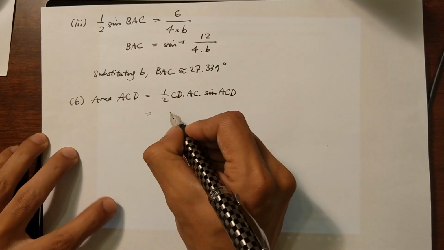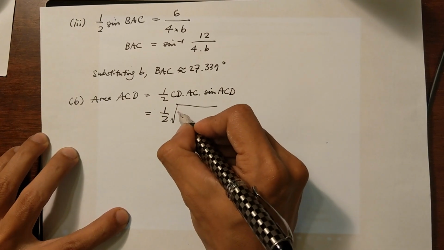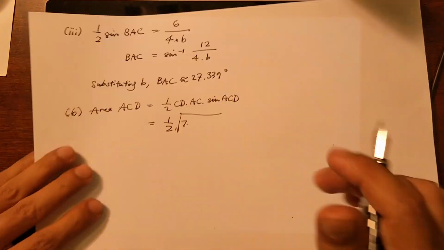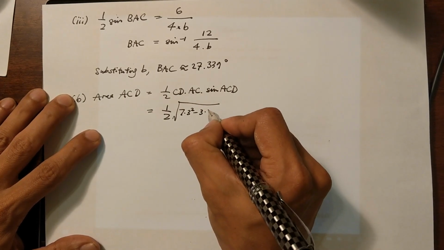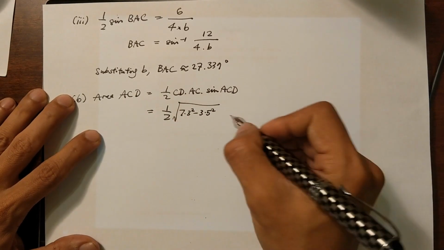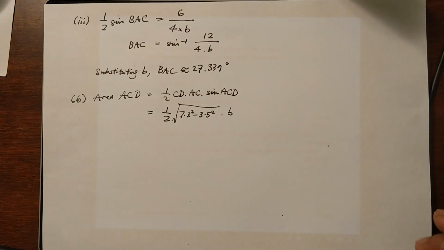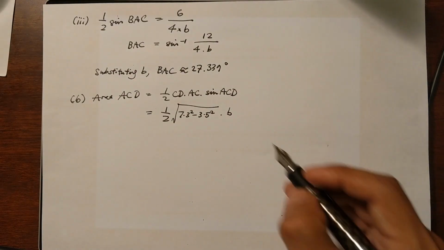So that's half of, now CD of course is just 7.3 squared minus 3.5 squared, which you already know, that's CD, and AC was what we termed the number b, which was that number that we found earlier.